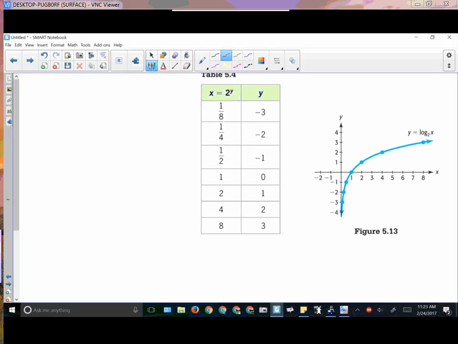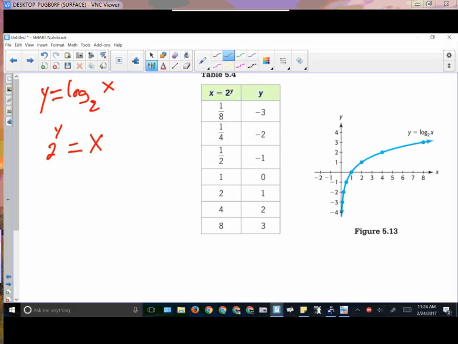Now the original problem that we had here was y is equal to log base 2 of x. I cannot look at that and say, oh, I know exactly what I put in for x. If I have 2 to the y is equal to x, that should be y up there, I can sit here and think about things a little bit easier.